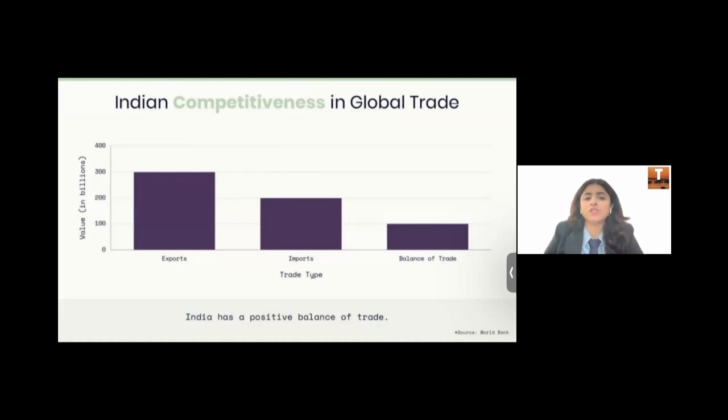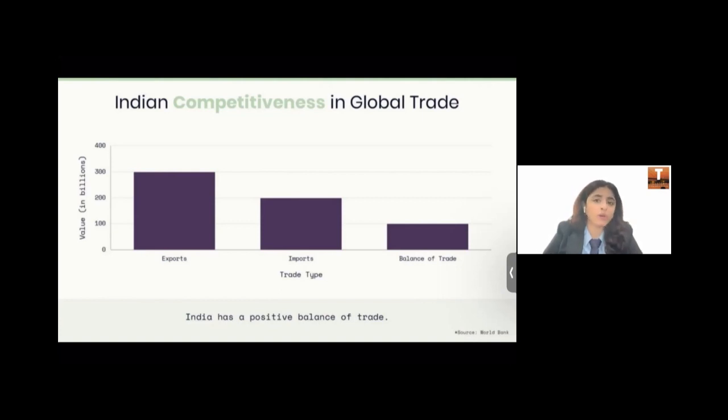Third would be strategic location. India's strategic location provides a gateway to major markets in South Asia, Southeast Asia, and the Middle East. This advantageous geographic position makes India a hub for regional trade, and it enhances its competitiveness in accessing diverse markets. Fourth would be skilled workforce.